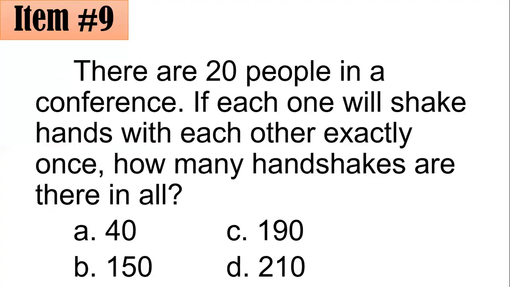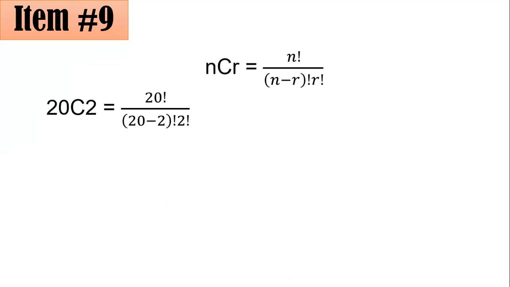So this is again a combination problem. And remember that for every handshake, there are 2 people involved. That's why we have 20 combination 2, which is equal to 20 factorial all over 20 minus 2 quantity factorial times 2 factorial.